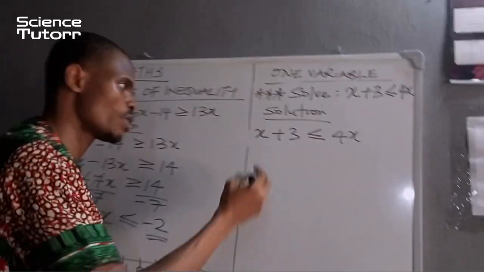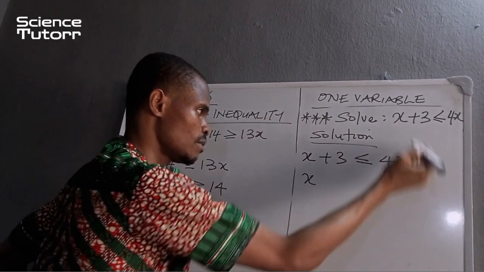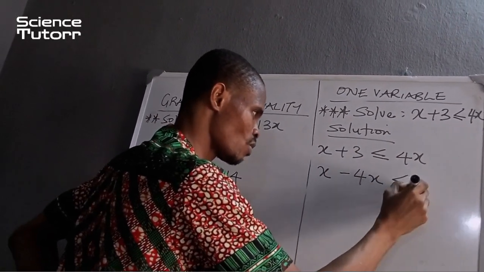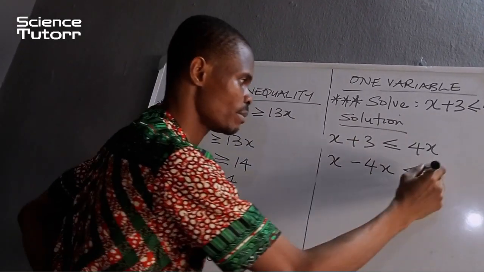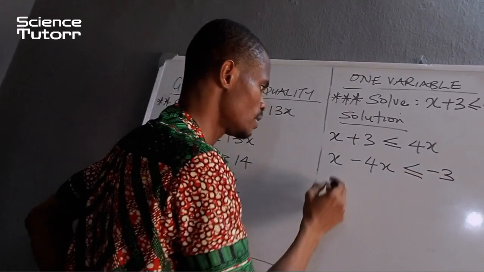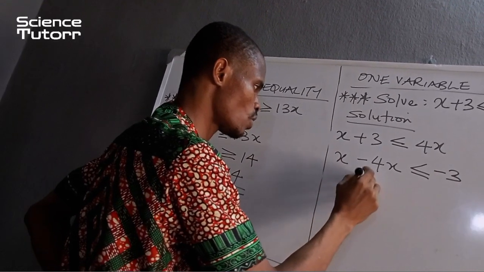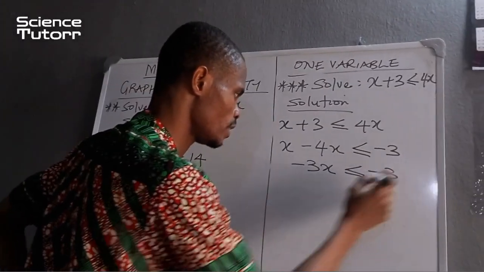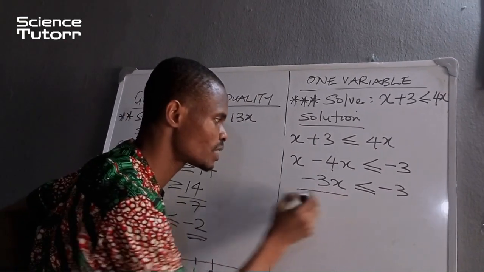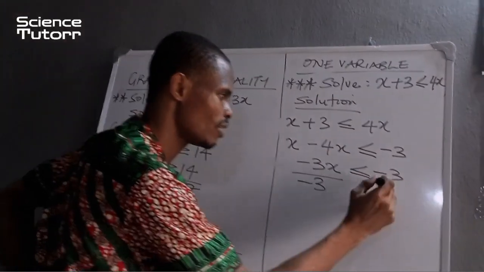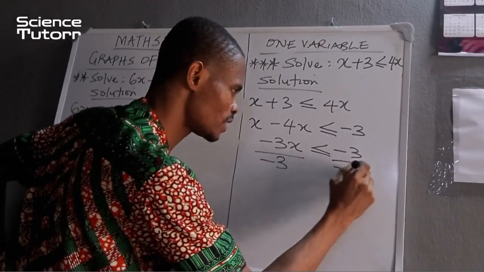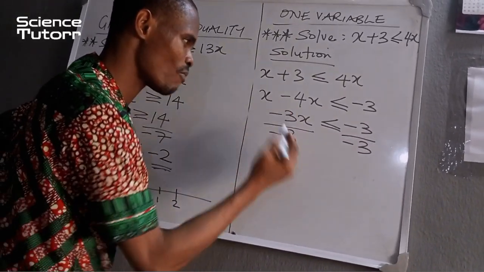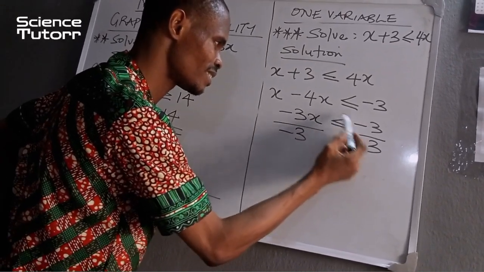Let's move the x to one side. So we have x minus 4x is less than or equal to, plus 3 moves over, it becomes minus 3. So x minus 4x gives us minus 3x is less than or equal to minus 3. Now watch, I'm dividing both sides by minus 3. So this minus is what will affect the sign.